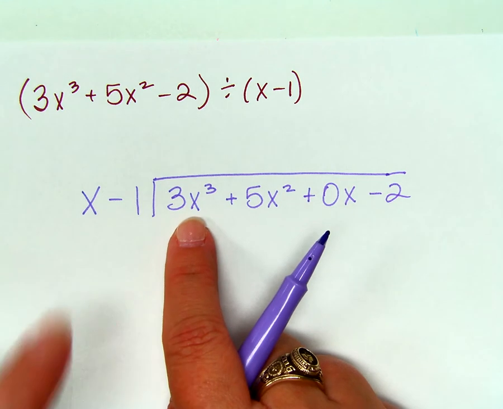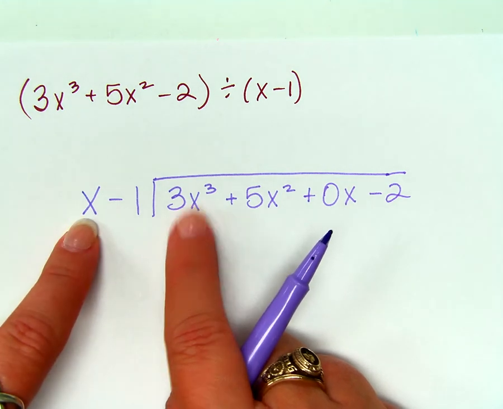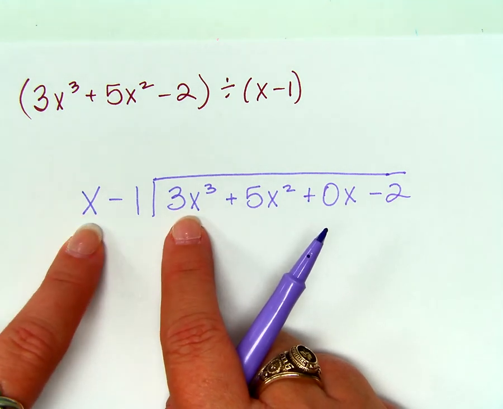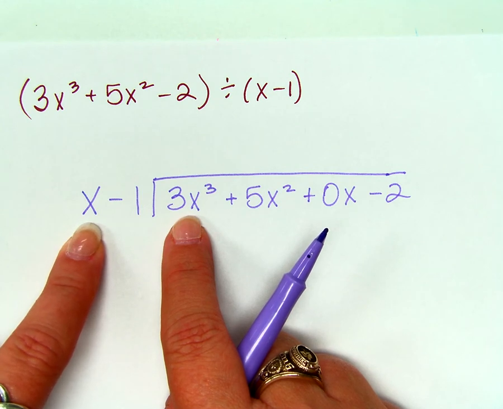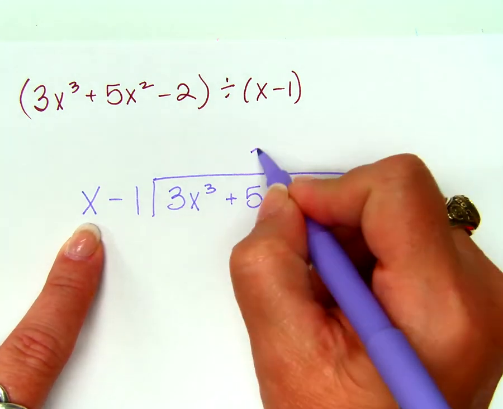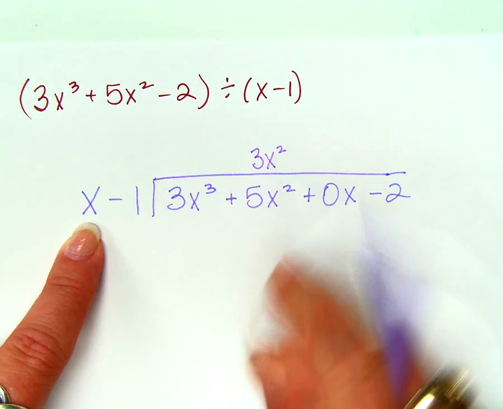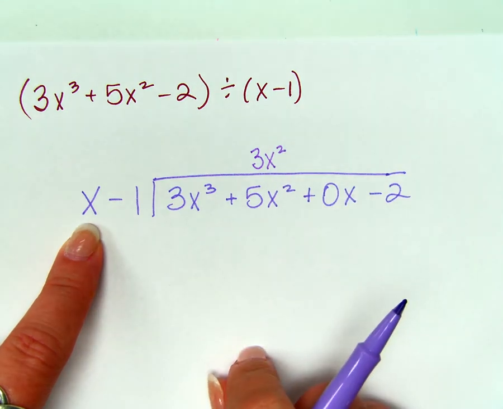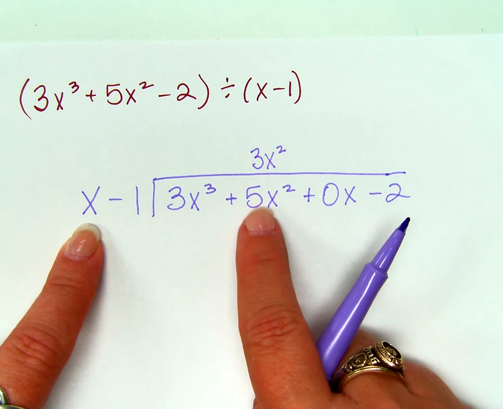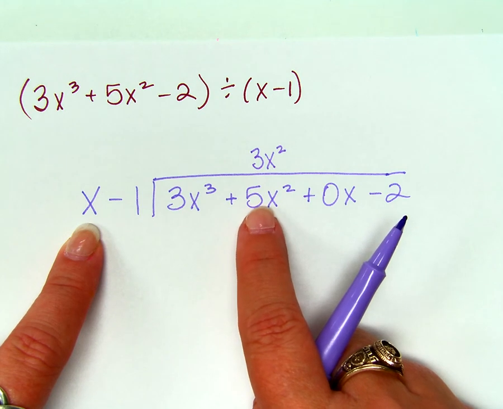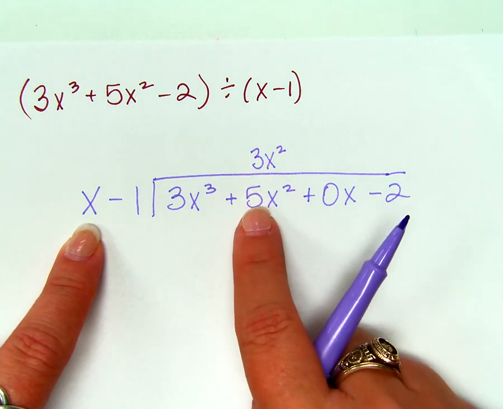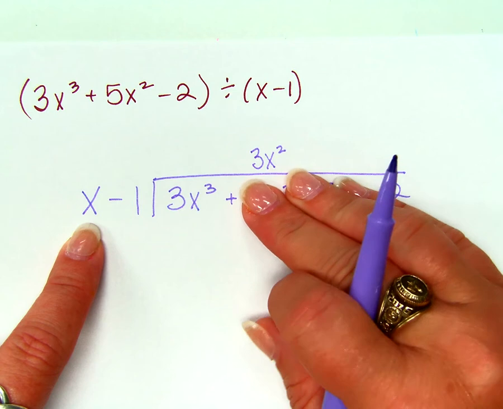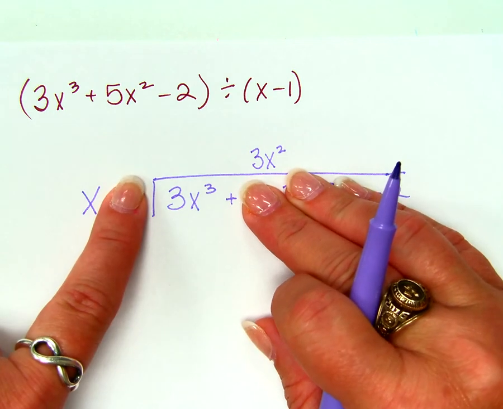Divide the first term on the inside by the first term on the outside. First term of the dividend by first term of the divisor. It would be 3x squared. Now, there were some people earlier that were getting confused because they think it should have something to do with 5. But we're not looking at that when we're dividing, right? We're just looking at first terms. Okay?